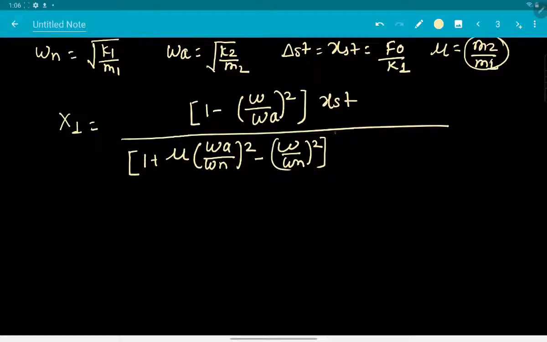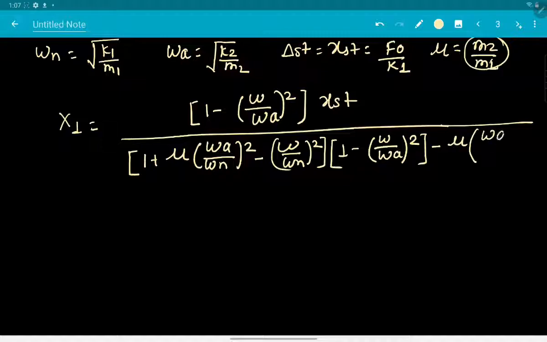This bracket is completed, and there is another bracket which will look something like this upon having all these changes made: 1 minus omega by omega a square, the bracket completed, multiplication of these two brackets, minus mu times omega a by omega n square.